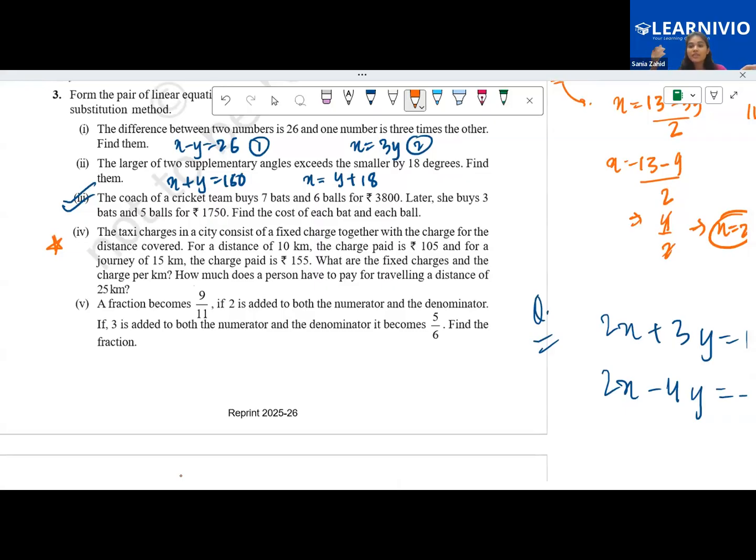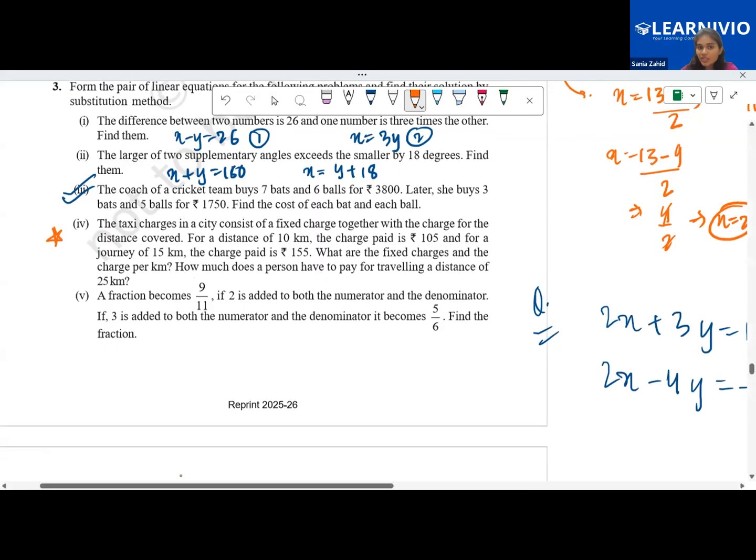So if he's traveling 10 kilometers, it becomes 50 plus that fixed charge 10. So what is the total charge now? 60 rupees. Do you understand the concept of fixed charge? Yes or no? Sure? Fixed charge plus the charge per unit distance times the distance.